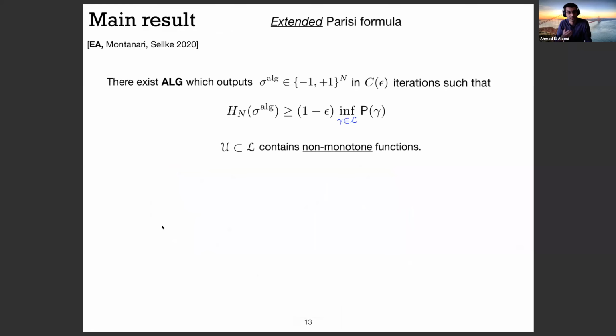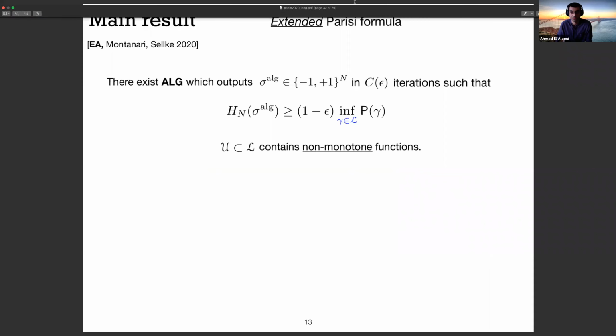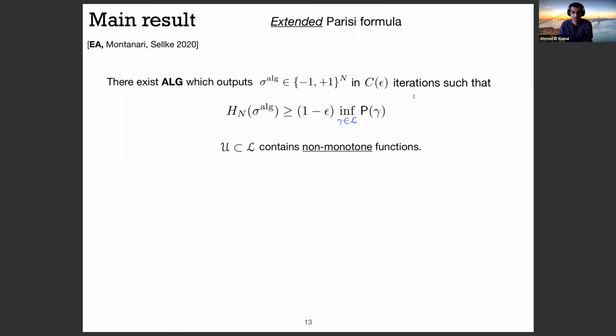So the main result is the following. There exists an algorithm which outputs a configuration sigma. The number of iterations, the length of the conversation with the oracle, is actually independent of n. It only depends on epsilon. So with order epsilon iterations, you get at least 1 minus epsilon times a certain value that is almost the Parisi formula.